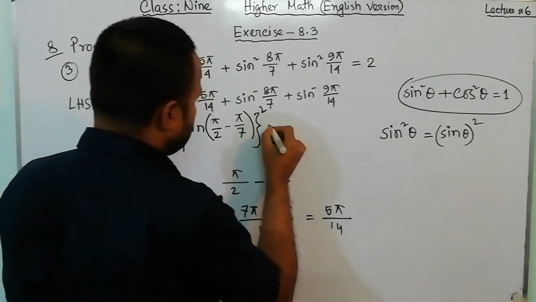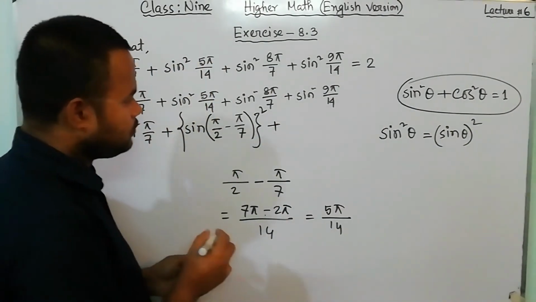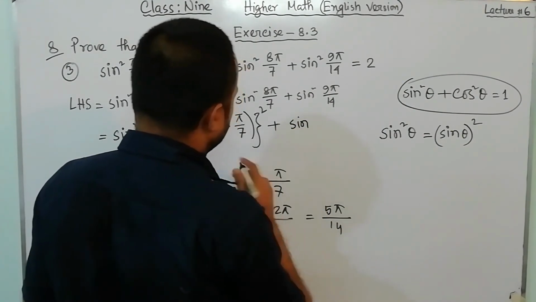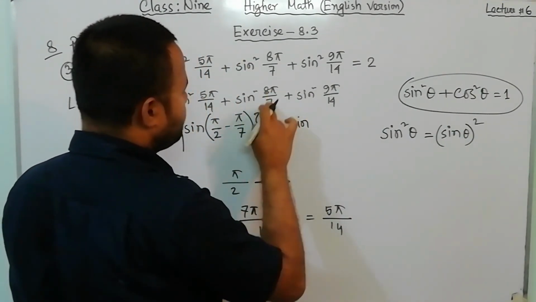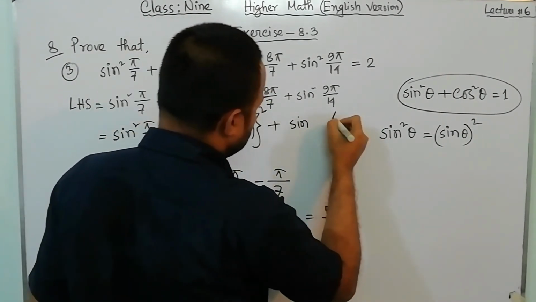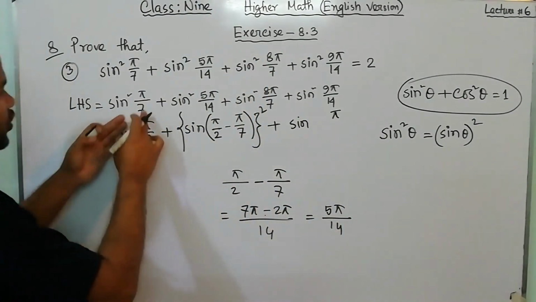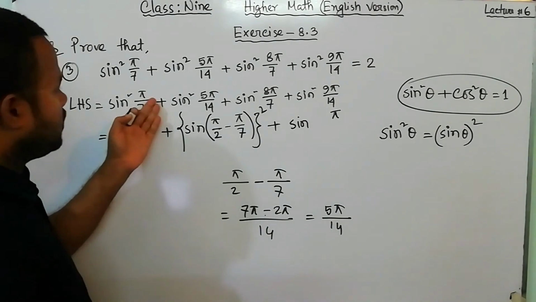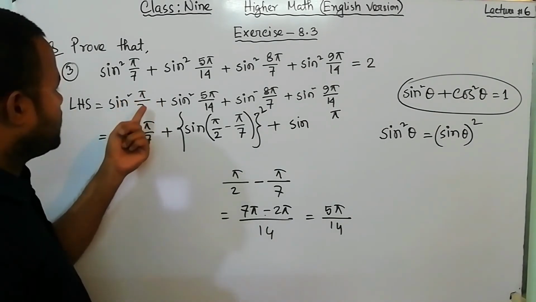Now second term, plus sine, here is sine, and 8 pi by 7. That is the smallest angle we have in these given terms, that is pi by 7.